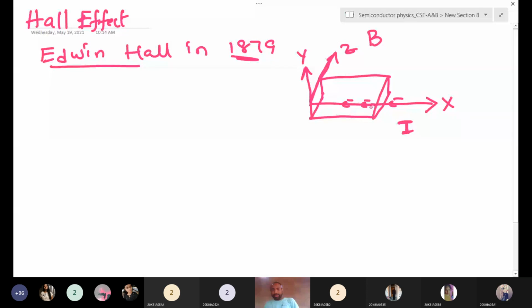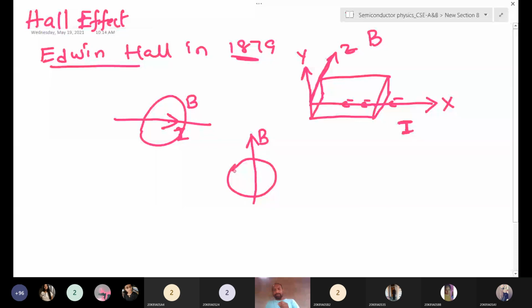Always, you know, Fleming's thumb rule: suppose a current is flowing in a wire, there is a magnetic field around this current carrying conductor, isn't it? Have you gone through this one? Or if magnetic lines are flowing this way, there is a generation of current around the magnetic lines of force.